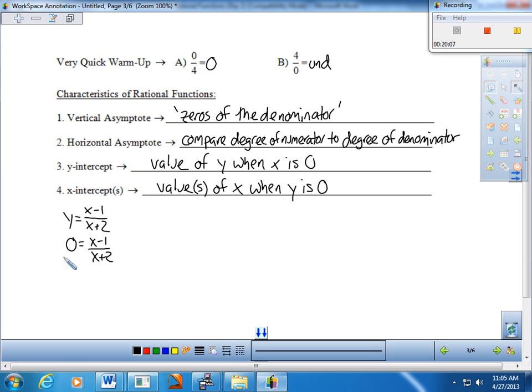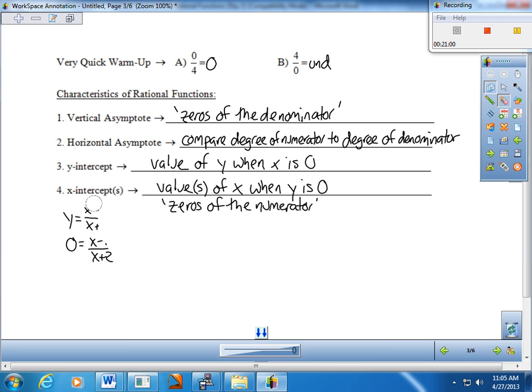How do I make the answer in a fraction 0? By making the numerator 0. Does everyone see that here? To make the answer 0, the numerator has to be 0. Because 0 divided by anything, other than 0, would give us 0. And that's it. So really, the way we're going to phrase it, guys, is the x-intercepts come from the zeros of the numerator. Because whatever makes the numerator 0 makes the entire fraction 0. All right, good conclusion right there. I like that. Let's get rid of this piece. And let's just go do a couple examples.